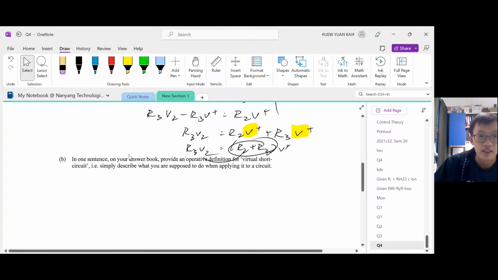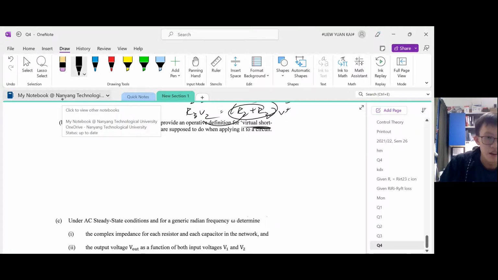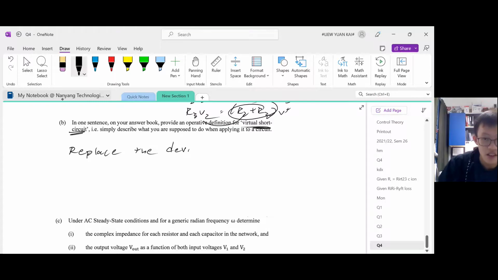Okay. In your answer book, provide an operative definition or just describe what you are supposed to do. So what this means is virtual short circuit, and we've covered this in Devlin, so go back to Devlin if you haven't remembered. Applying a virtual short circuit means replacing the device with a wire.